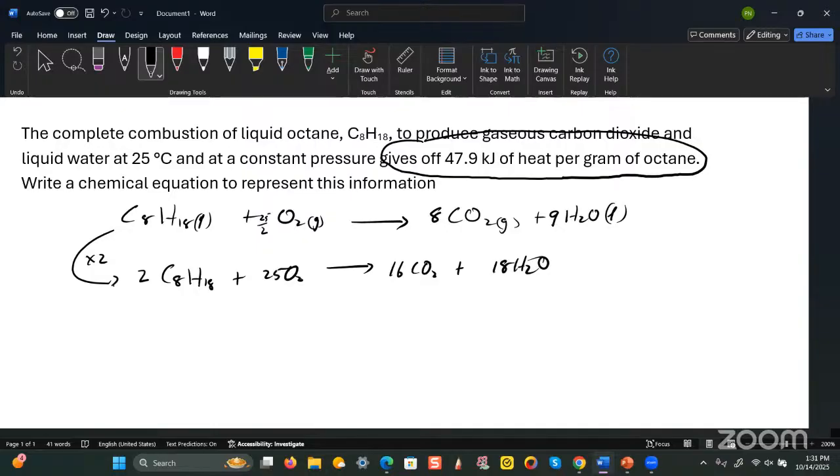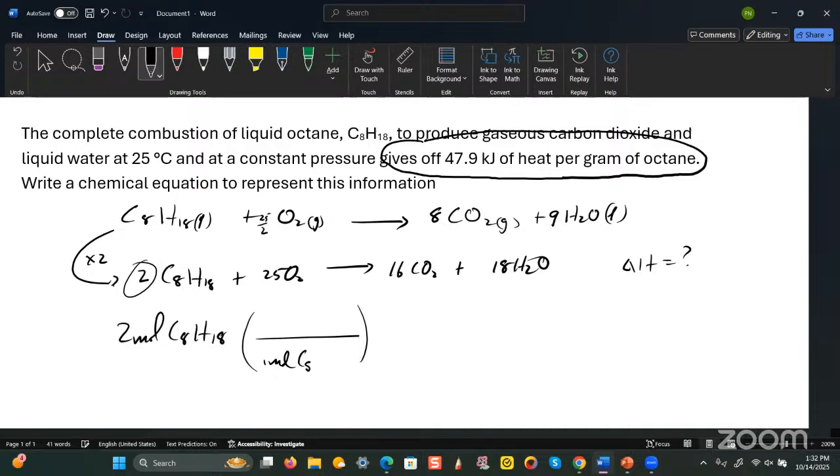So the first thing I would do is, now remember, the aim is to find out what delta H is here, right? So what I would do is start off with 2 moles of the octane, and then convert that to grams, which means I'm going to need the molar mass, 1 mole of octane.